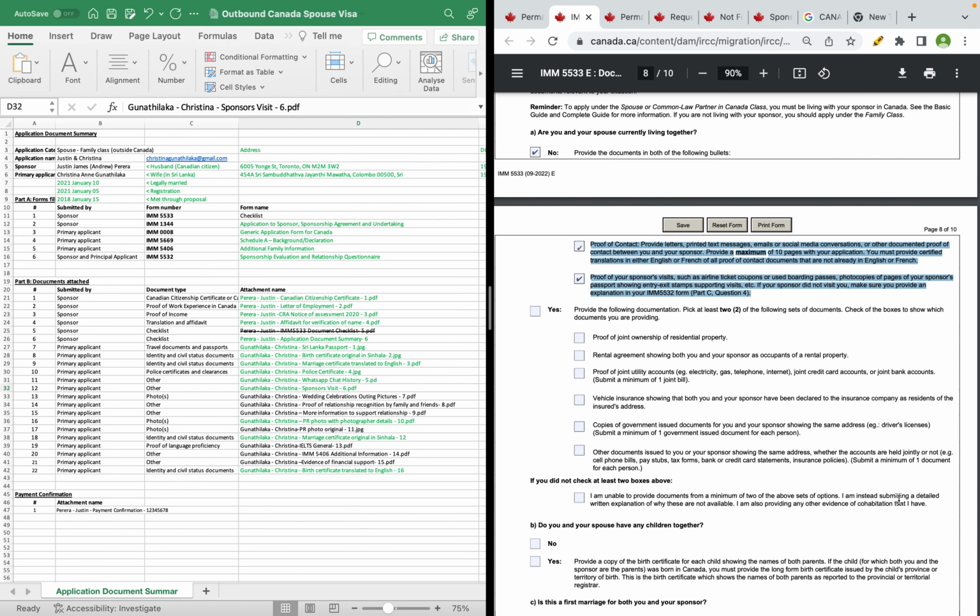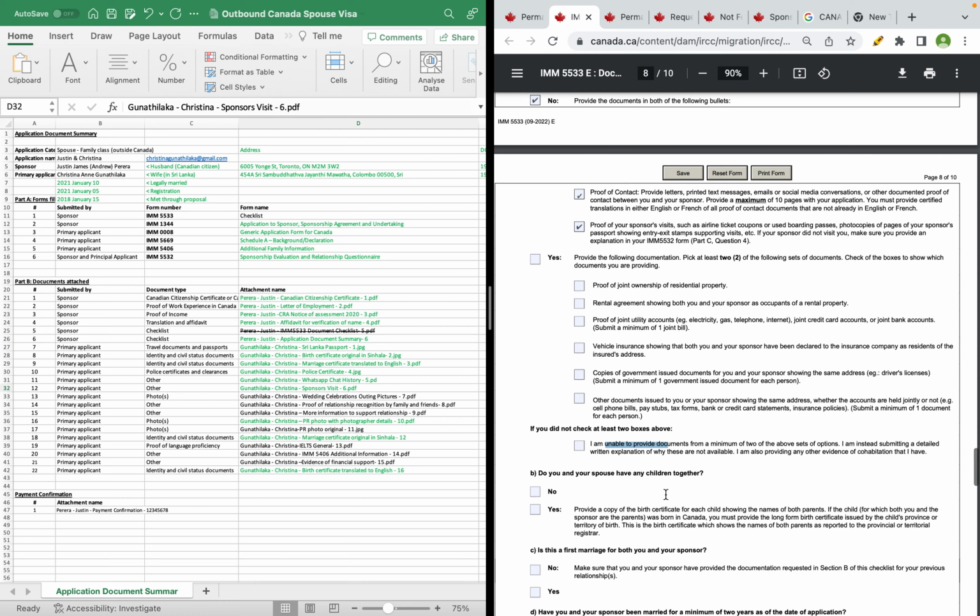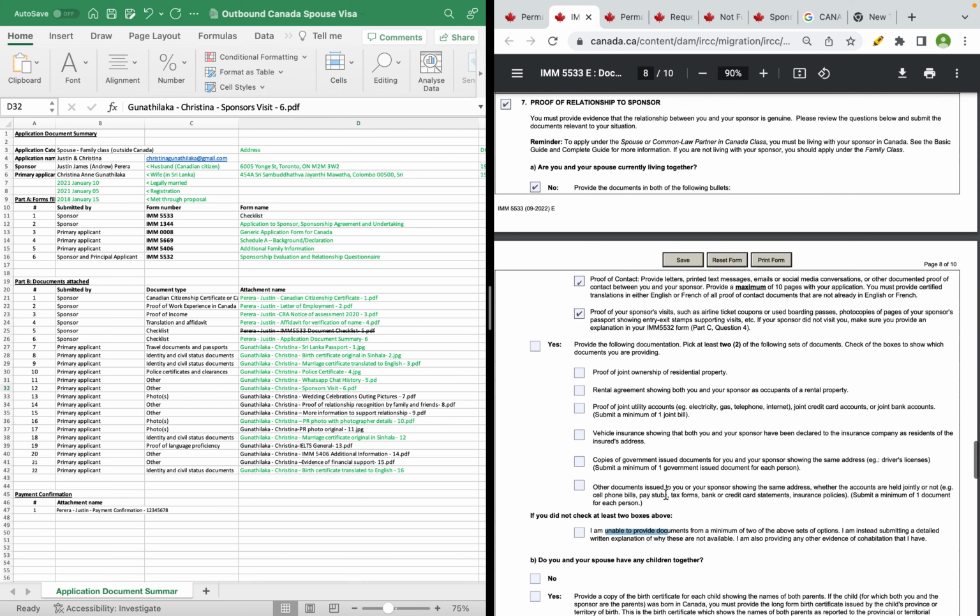This question is relevant if you are living together with your spouse, because it says pick at least two of the following sets of documents, and now they are saying if you're not able to provide a minimum of two of the above sets of options, then you need to provide the justification, okay.